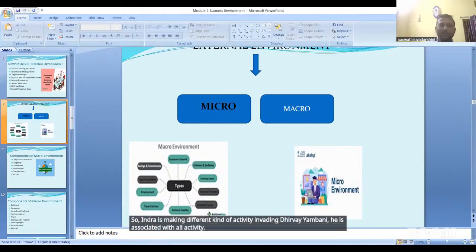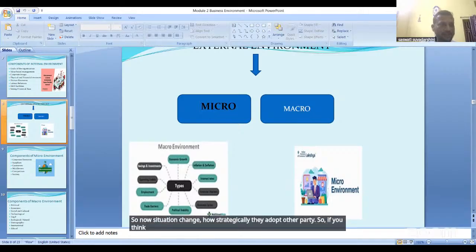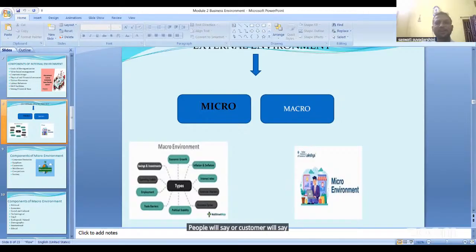Now the situation changed, and see how strategically they adopted the other party. If you think about Reliance right now, people or customers will say this company is inclined to BJP. So how nicely they changed their strategy and adapted to the political scenario. So their business runs in a very effective manner.